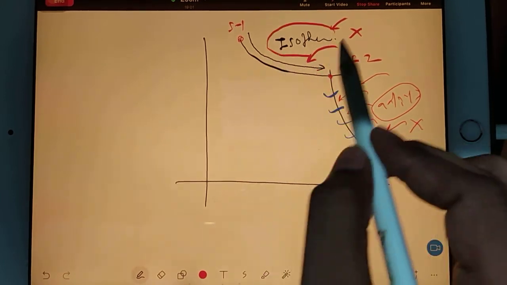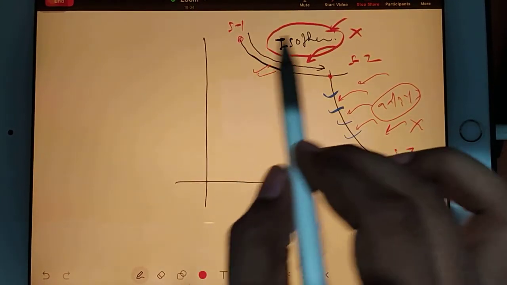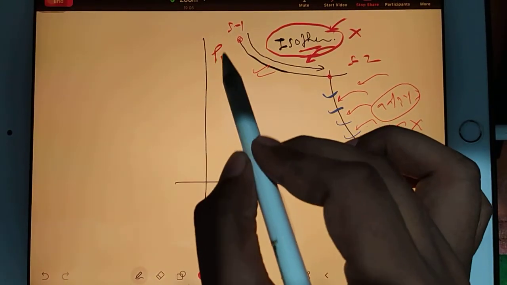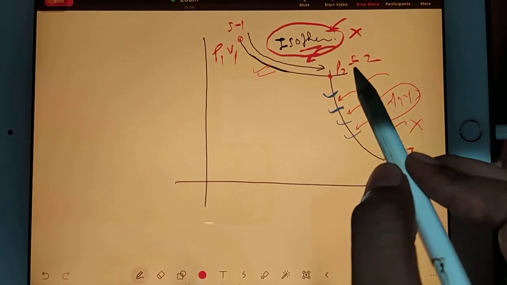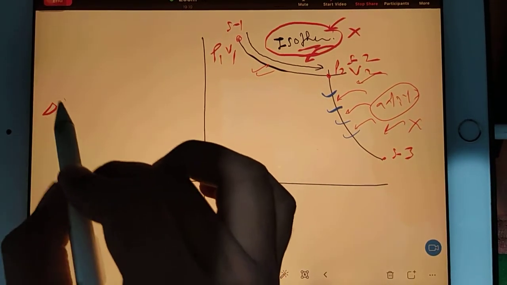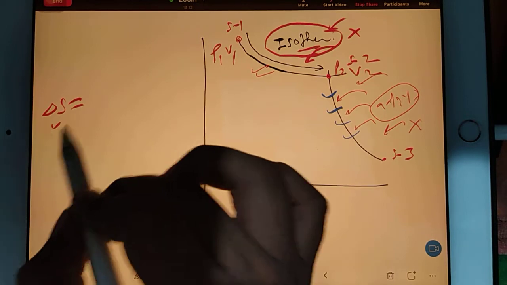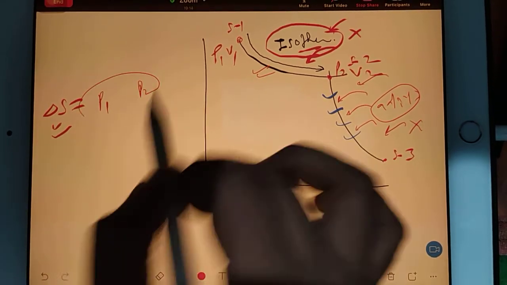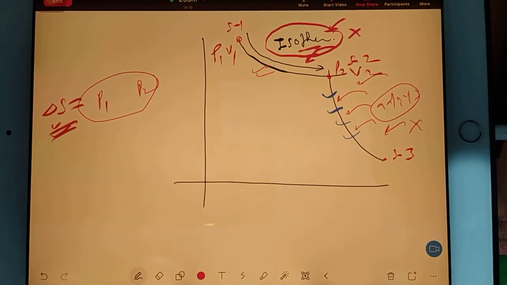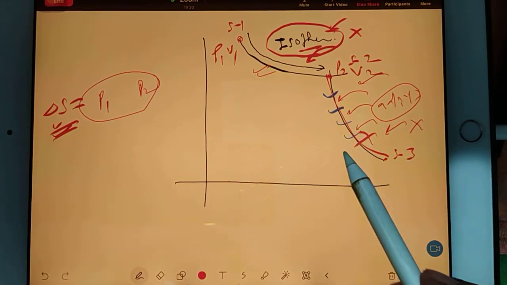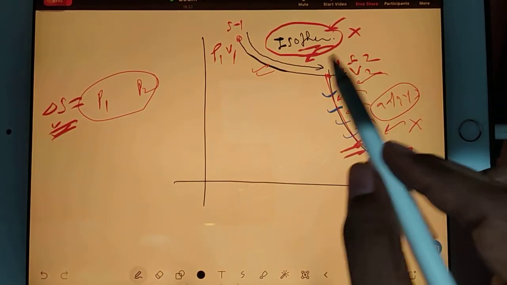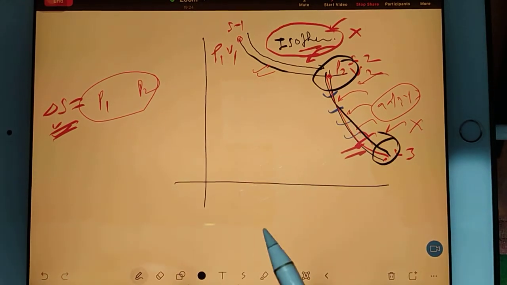Okay, in isothermal, there will be some change. Isothermal means you have some P1 V1 here and some P2 V2 here, so no problem. Today only we saw the entropy change formula in terms of pressure and volume, P1 V1 and P2 V2, so we can find the entropy change. But here you cannot find the entropy change because it is zero. No change in entropy. It means whatever entropy is here, the same entropy will be here.